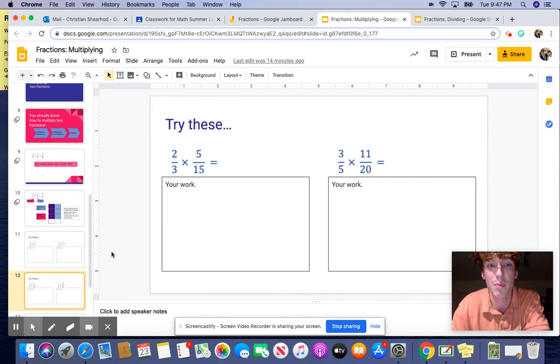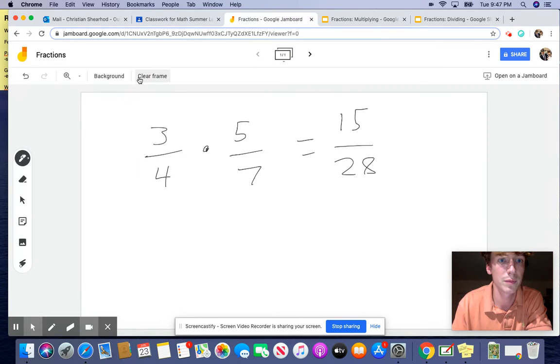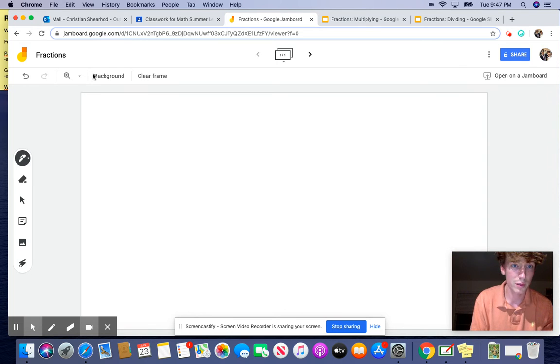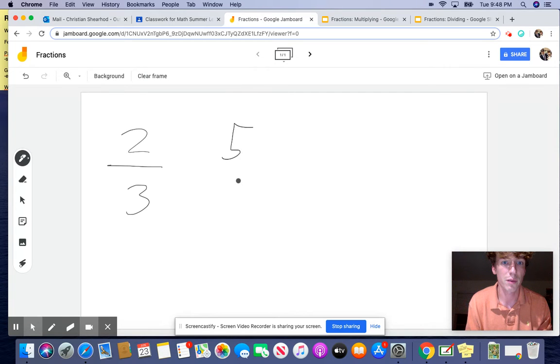These are pretty much the same. We're going to multiply across. Let's go ahead and do the first one right here, 2/3 and 5/15. So again, we're just multiplying across. 2 times 5 is 10. 3 times 15 is going to be 45.